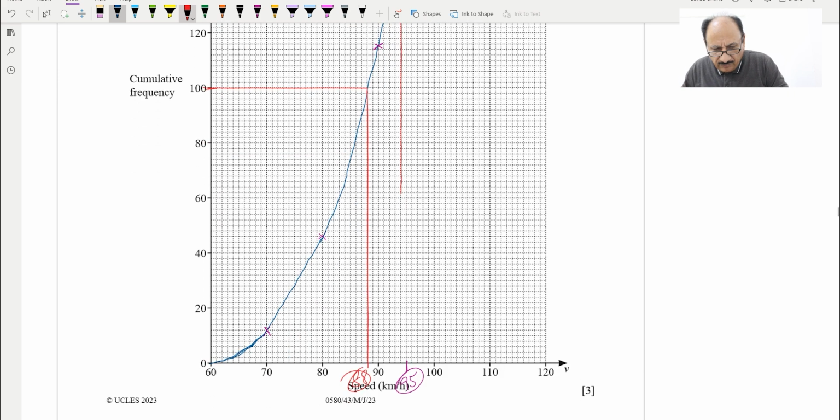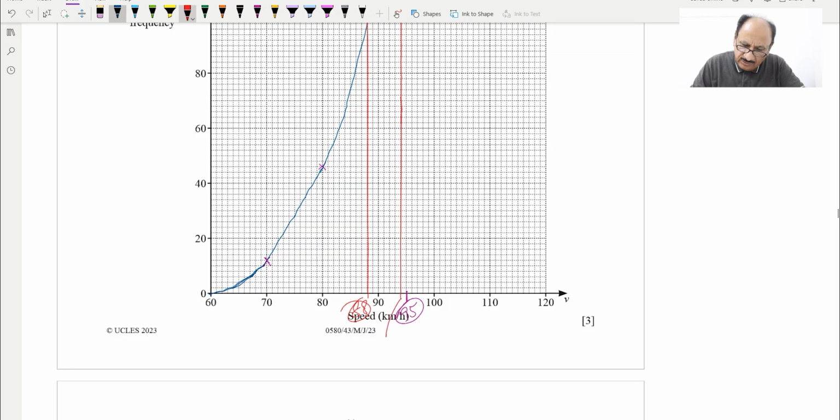if we check, the reference is over here, which is around 94. So this reference is 94, which we have taken, and we can check the lower quartile also. The lower quartile will be at 50.